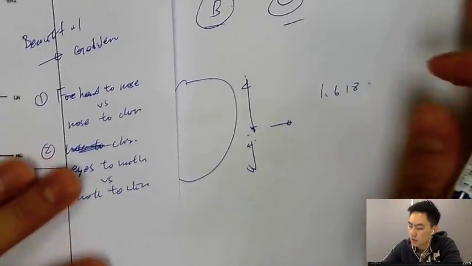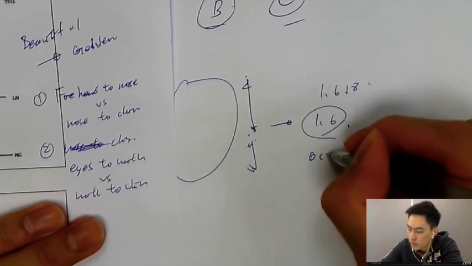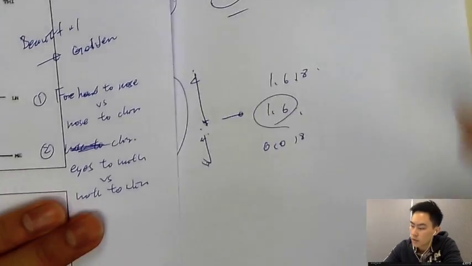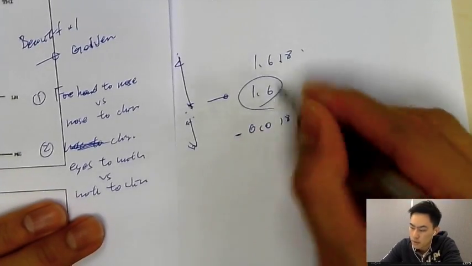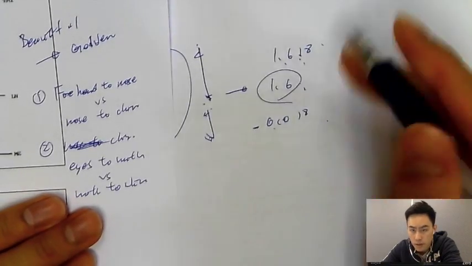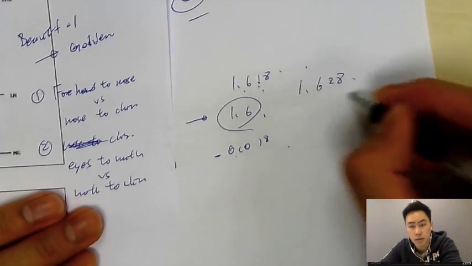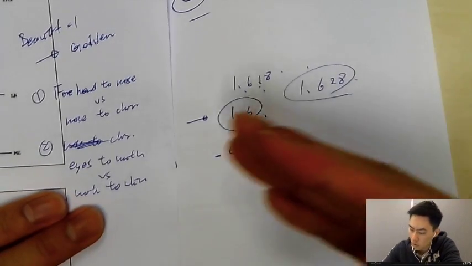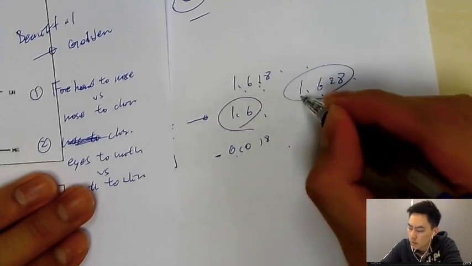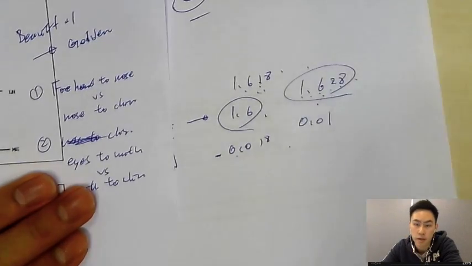Maybe it is 1.6, then you can say the deviation is 0.018, and it is negative, so this one is less than the golden ratio by 0.018. If you get 1.628 for another person or another pair of comparison, then you take 1.628 minus that, and you have 0.01 for the deviation.